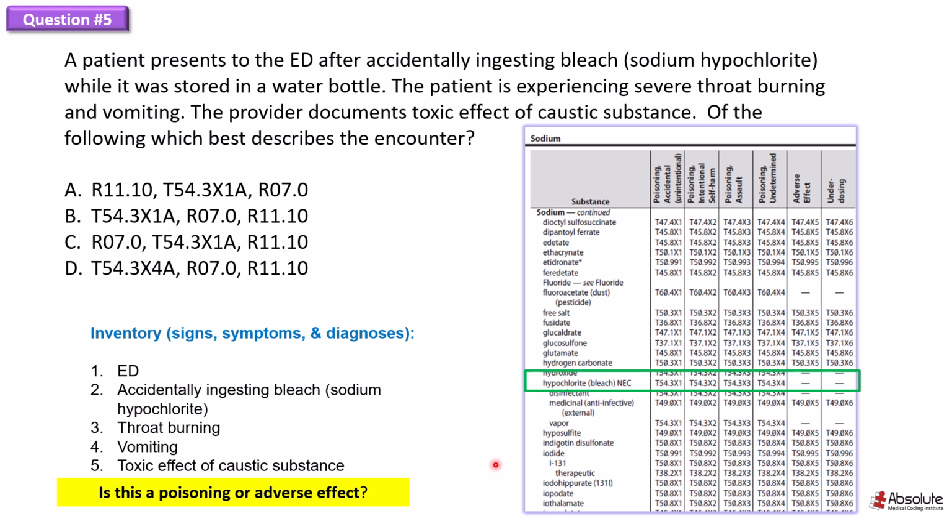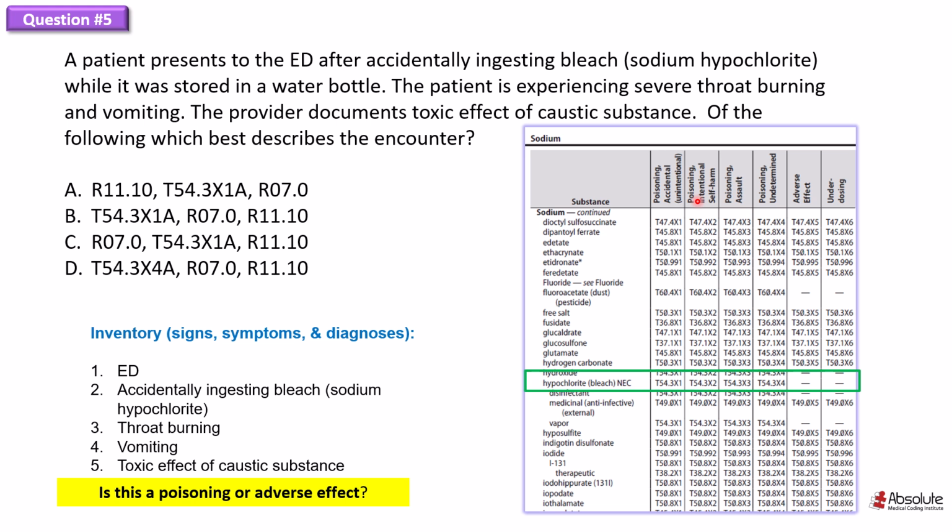So if you look at the top of the subsequent columns, you'll see the first one is poisoning accidental, intentional. The second is poisoning intentional, self-harm. I think I want to eliminate this self-harm right away because there's no mention in the documentation that the patient's intent was to harm themselves.